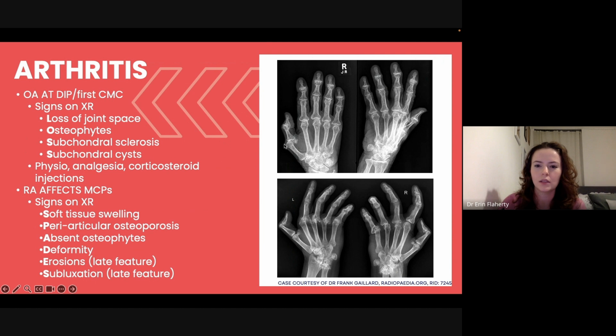So you can see in the joints, if we went through our A, B, C, D, E, our alignment's pretty good in these. The bones themselves, if we were looking at the cortex, we can't really see any fractures going around. But if you were to look at the bone density, you can tell that they're not quite as thick and as white as some of the previous X-rays we've been looking at.